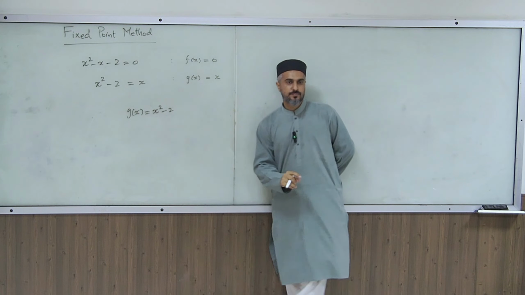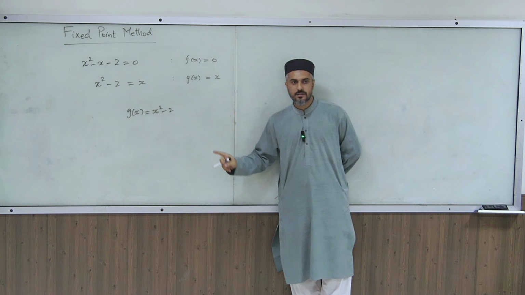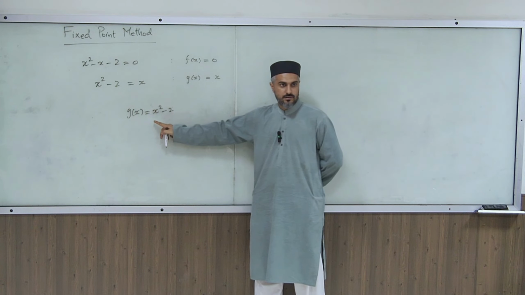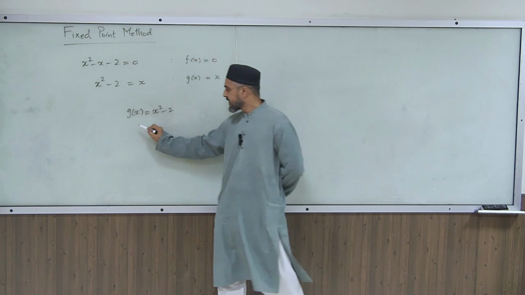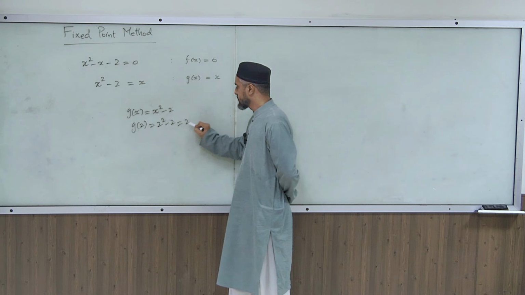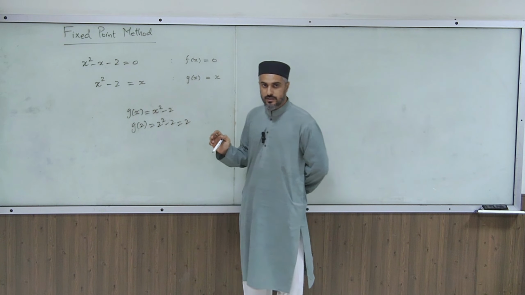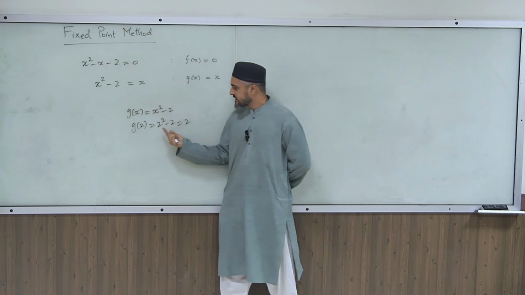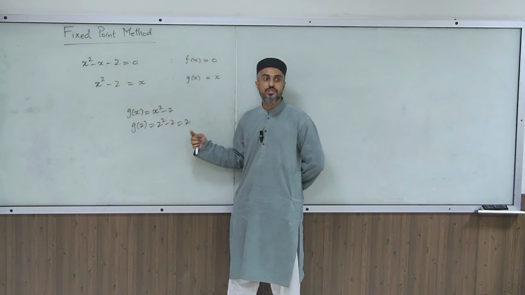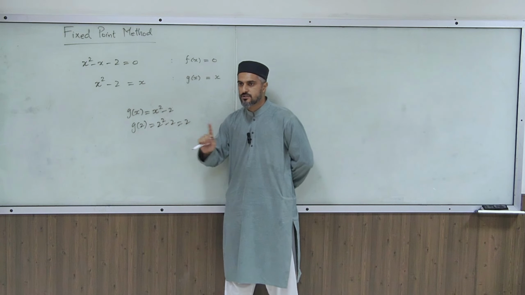What is a fixed point of this function? We just saw 2 is a fixed point of this function. If I plug in g of 2, it says 2 squared minus 2, the answer is 2. So in other words, 2 is a point where the input is same as the output of g of x, x squared minus 2.